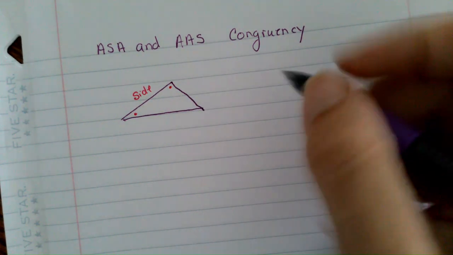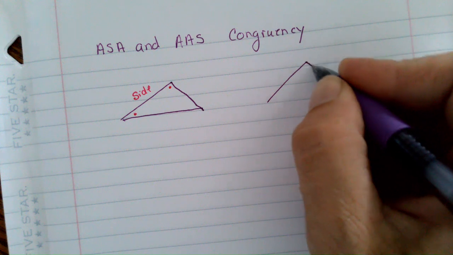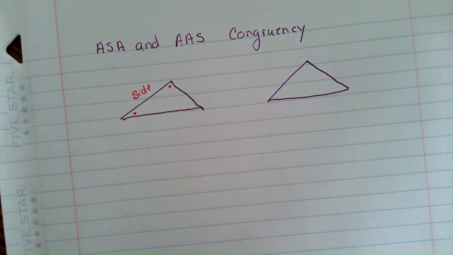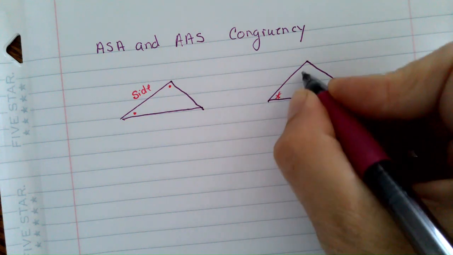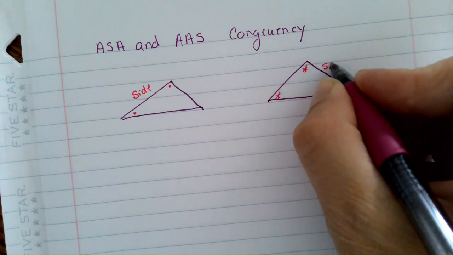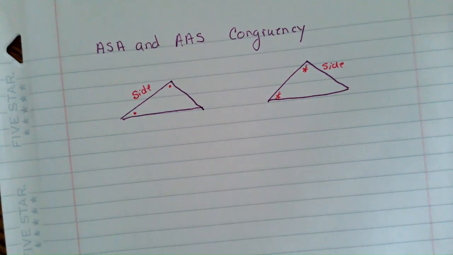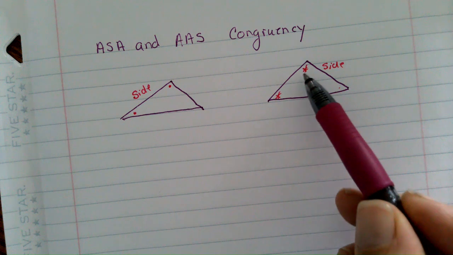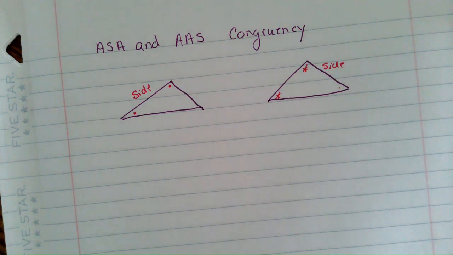When it comes to angle angle side, we would have angle, angle, side. However, again, if I were to find this angle right here, then I would have angle side angle. So that is enough to prove congruency as well.